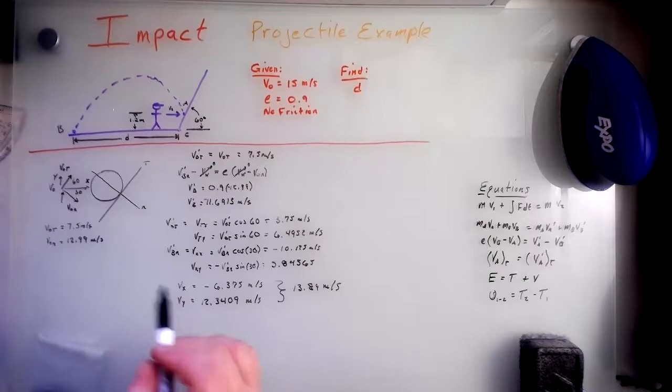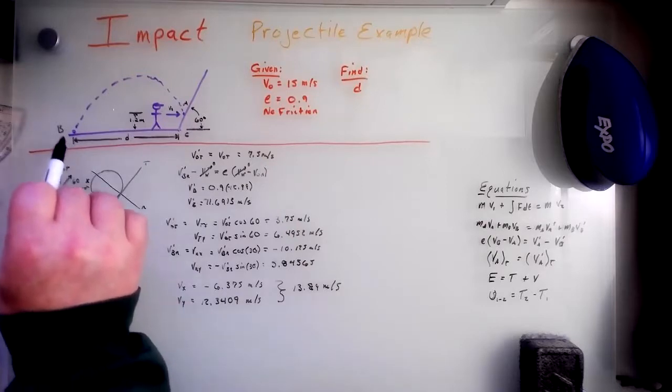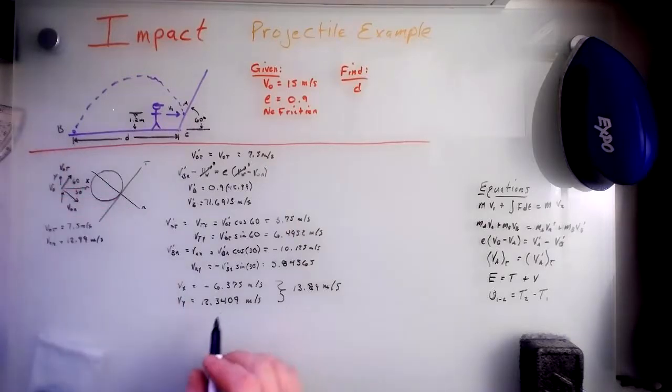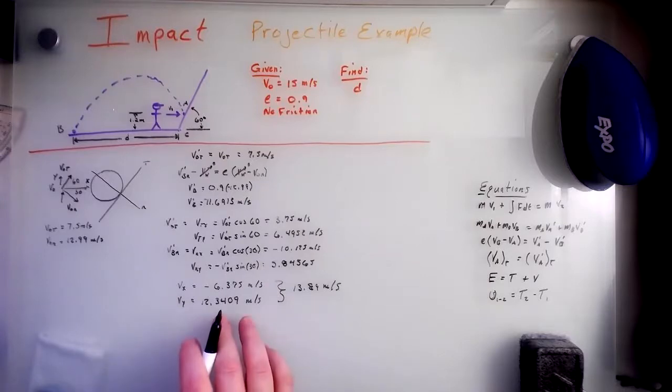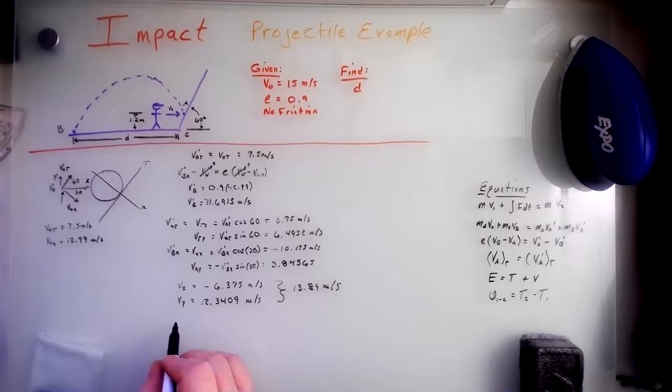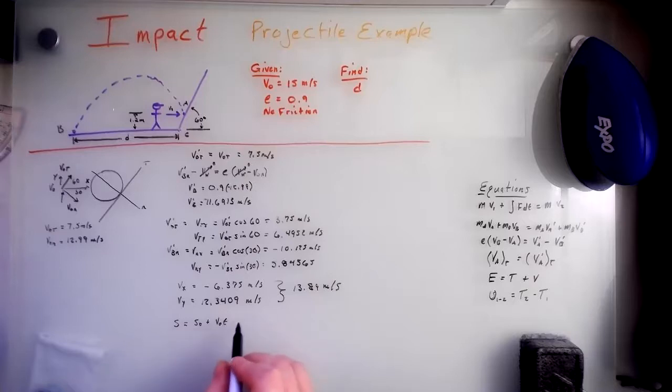So now we need to figure out where it lands. Well, we can use the y to get the time that it is in the air, and then we'll use the x to get the distance, right? So what is the equation of motion in the y? It's s equals s naught plus v naught t.